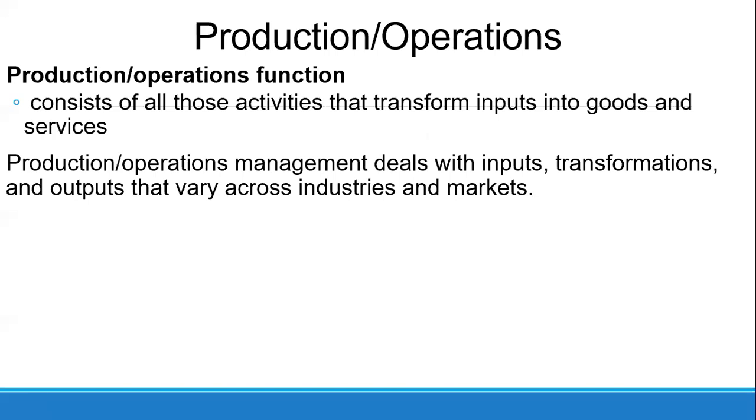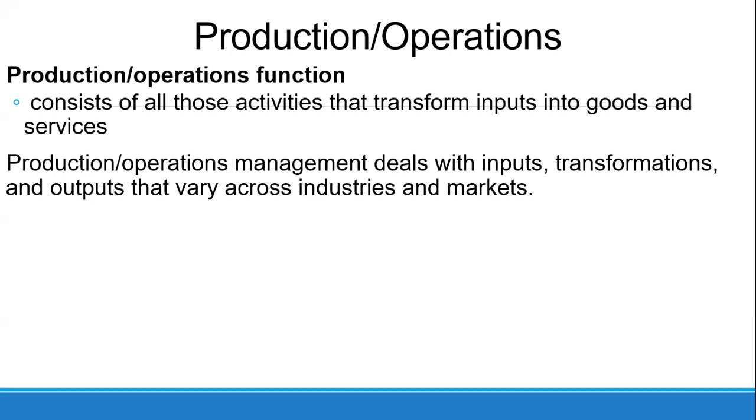So another functional area in an organization which also plays a critical role when it comes to the assessment of internal forces of an organization include the production or the operation units.